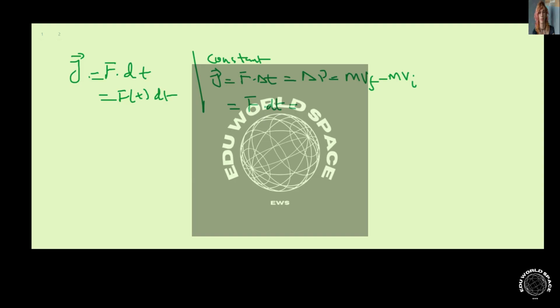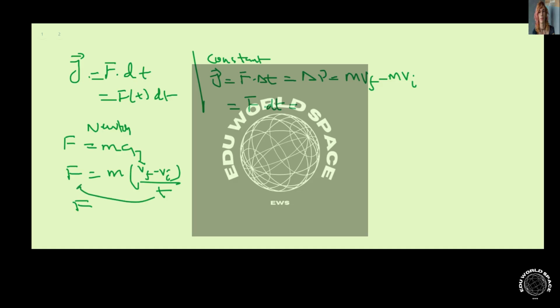You can recall from previous chapters, F equals ma. That's Newton's second law. Also, acceleration is v final minus v initial over time. So if you bring this t right here, F t is the same as m delta v.